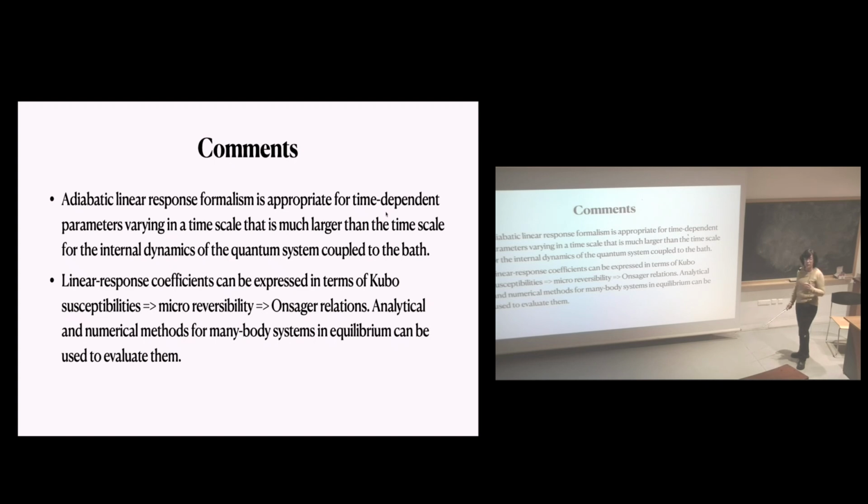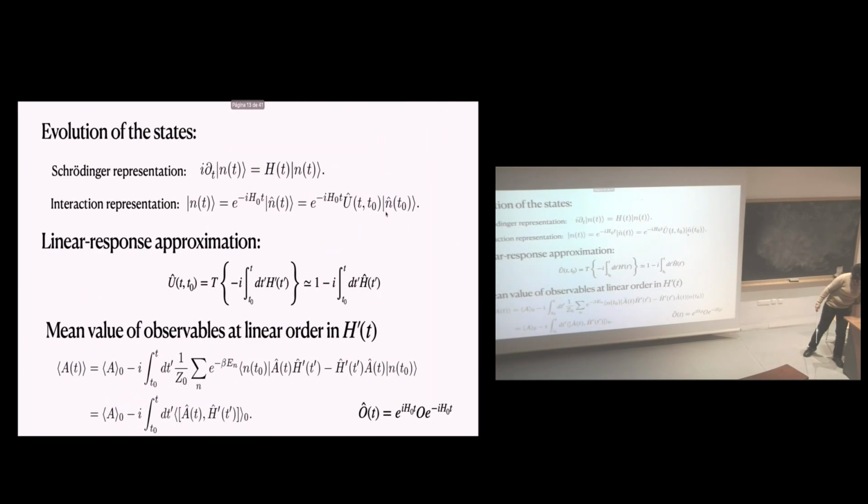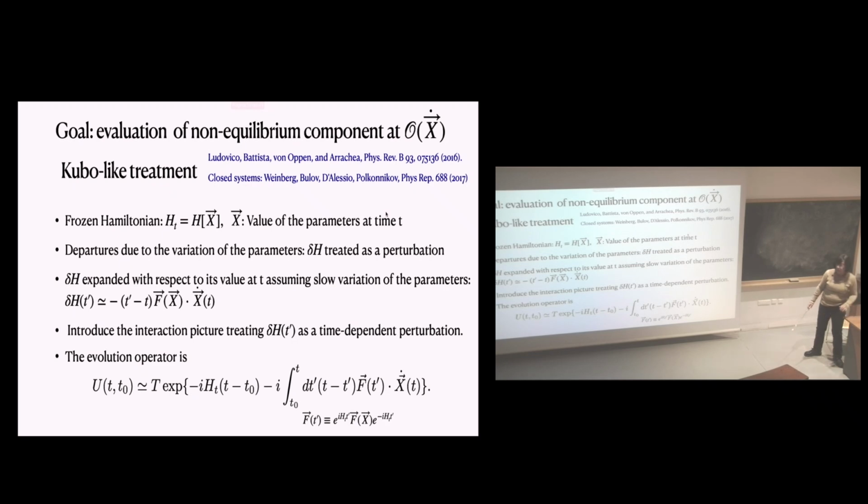In order for that expansion to be valid, I can go back. In that expansion with time, we have this time difference here and these velocities. And this is what enters in the evolution of the mean values of the observables.